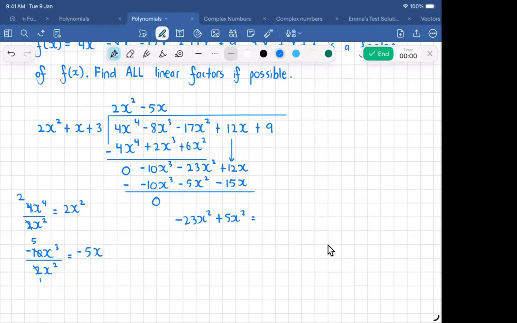Negative. Right, so the final answer is going to be negative on the outside, and you could just do 23 minus 5 like normal on the inside. What's 23 minus 5? 18. Right, so minus 18x squared.